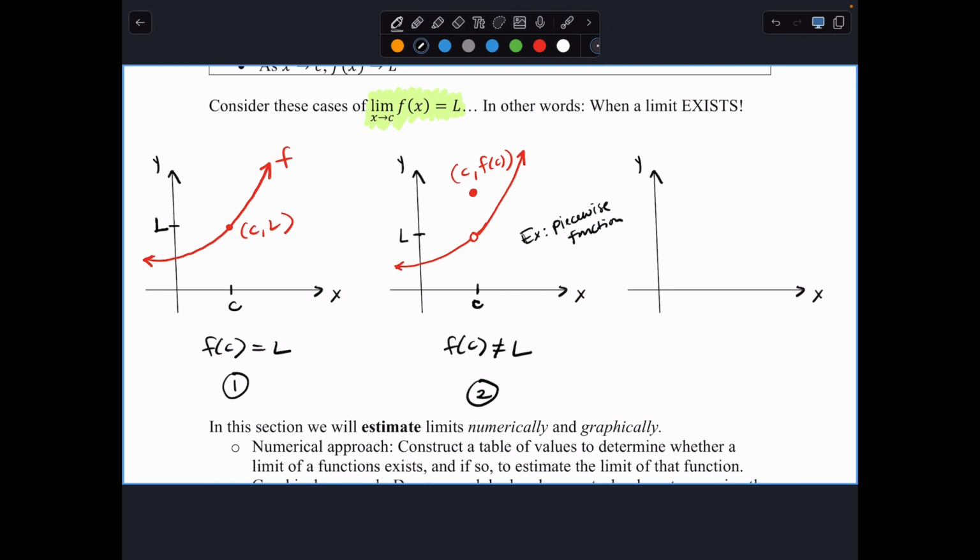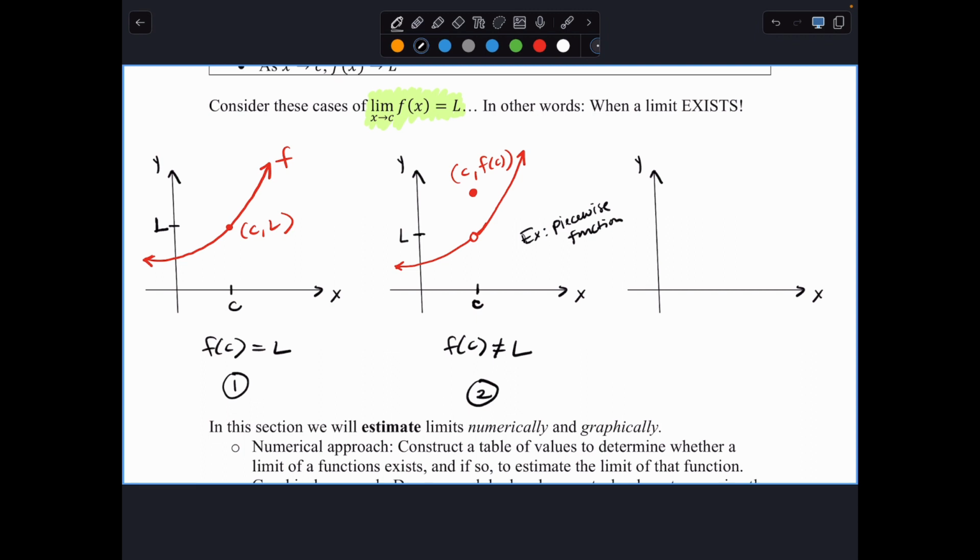If we trace along the graph approaching c from the left-hand side, the y values are approaching L. And as x approaches c from the right-hand side, the function values are also trending towards L. However, the function value is not equal to L. The function value is whatever this value is up here, and that's okay. The limit still exists because as we're getting really close to x equals c on both sides, the function values are trending towards L. So that means that the limit exists.